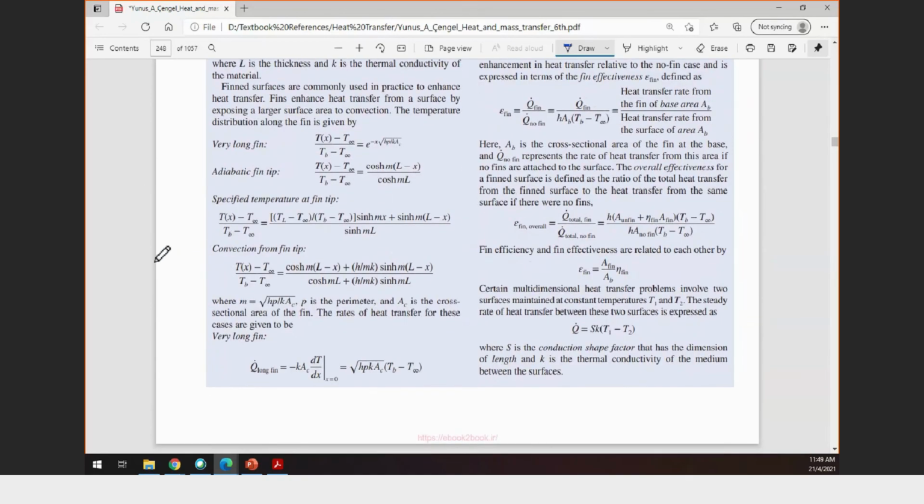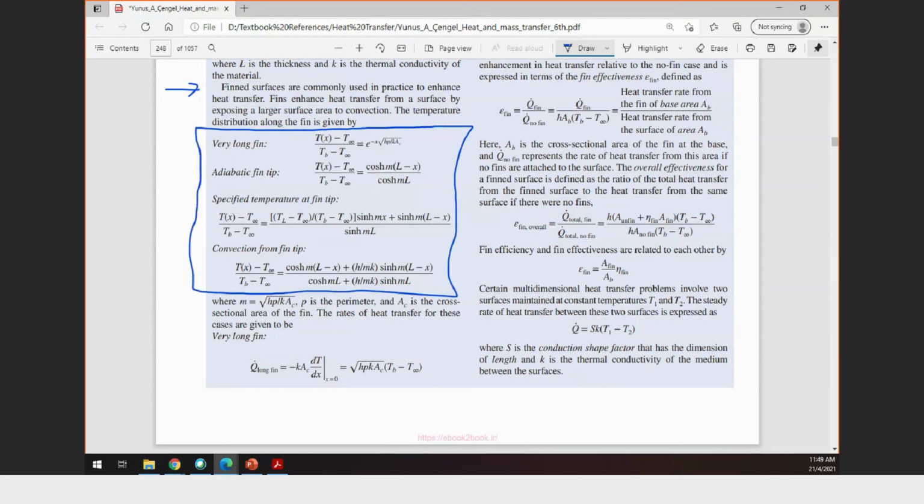So you can see here, this is for the fin. This is the temperature distribution for the different cases. This is case 1, this is case 2, this is case 3, this is case 4. So you can see how the equation evolves from the simple equation only dealing with the exponential, to the hyperbolic function, and to the more complex hyperbolic function.